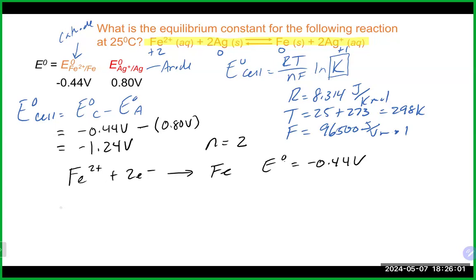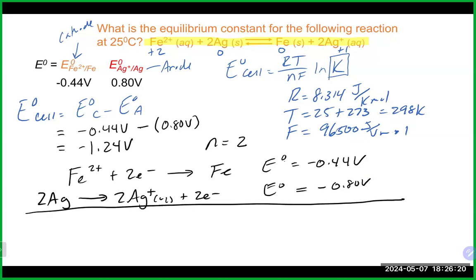It is the silver that gets flipped around there. So a little silver going to 2 silvers there, plus a couple of electrons. And really, this is going to be minus 0.8 volts. So once again, this is how we get to our overall reaction. And that is where we get our N value, which is 2.